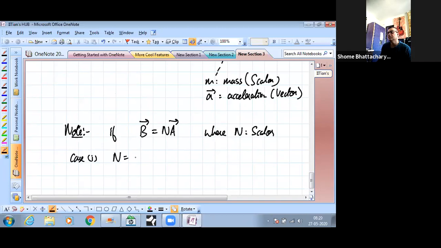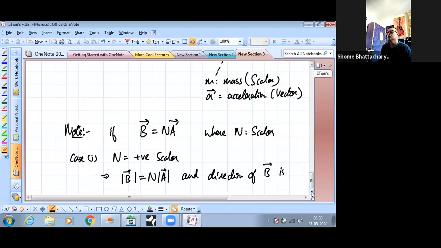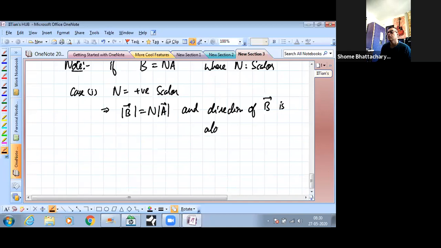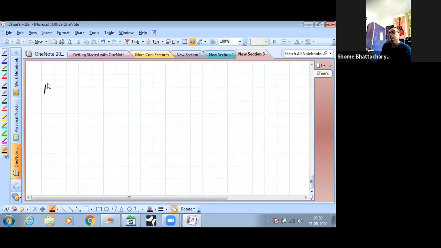If n is a positive scalar, then the magnitude of b is equal to n times the magnitude of a, and the direction of b is along a. Let's understand this with an example. Don't worry, I'll give you time to note this down.